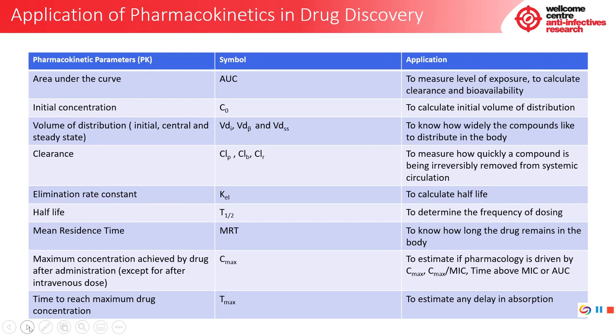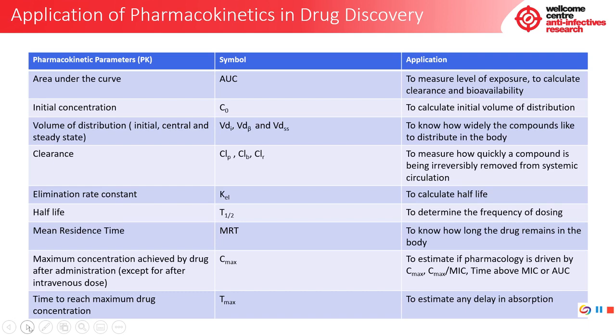The initial concentration, C0, is to calculate the initial volume of distribution. The volume of distribution, whether initial, central, or steady state, VDI, VD beta, VDSS, they're there to know how widely the compound likes to distribute in the body.